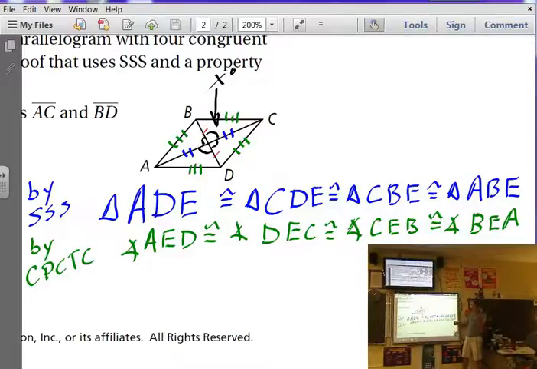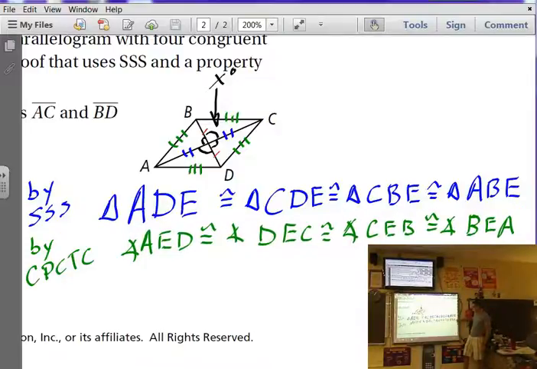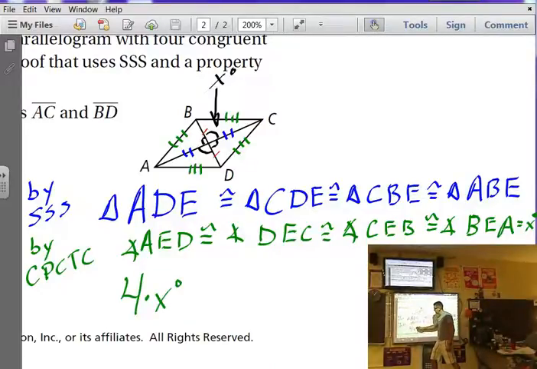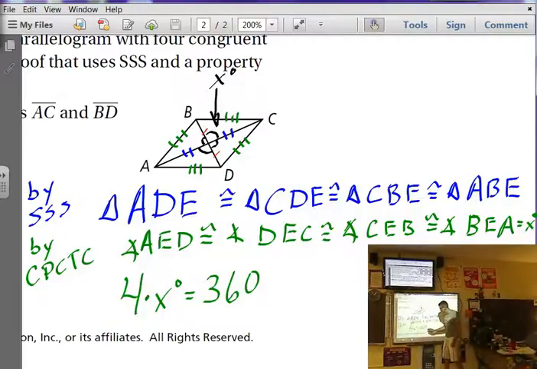Then we could say that since these are all congruent, they equal x degrees, or make it something that you can reference easier. Then you could say 4 times x degrees equals 360, and that could be by polygon central angles, or interior sum theorem.